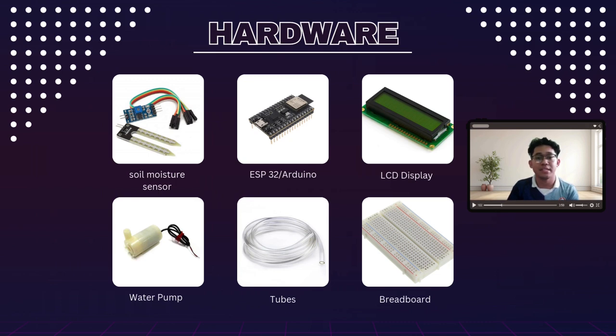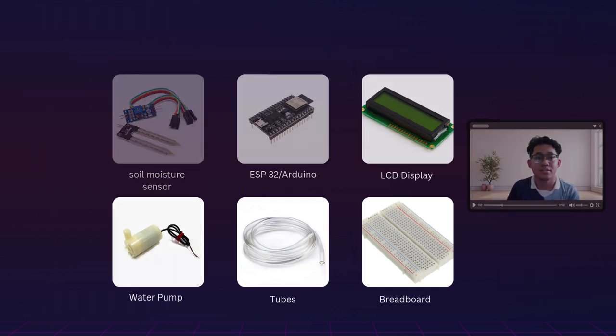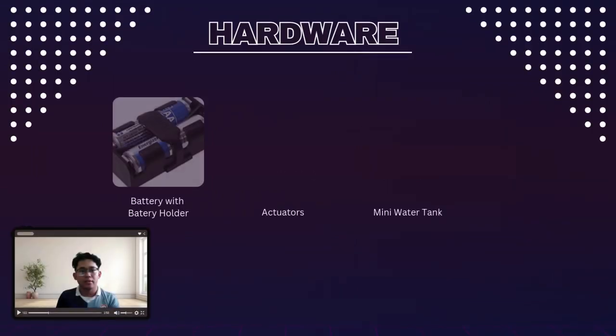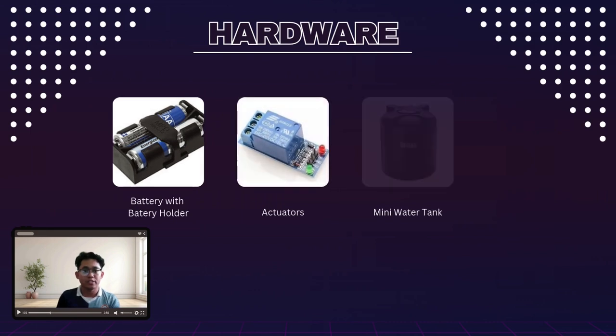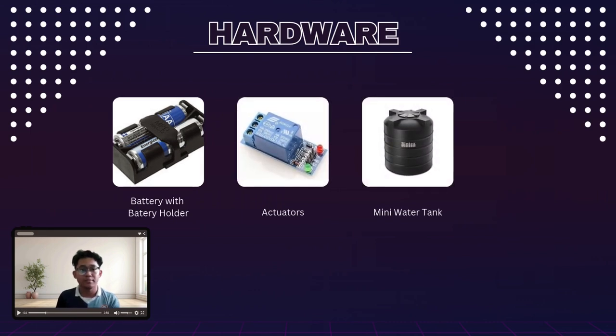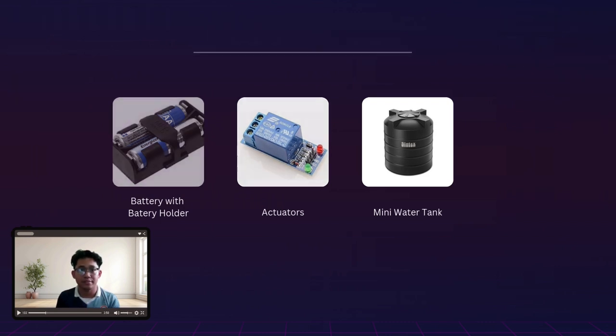Next, a water pump and tubes deliver water to the plant when needed. Sixth, we have breadboards. Next, a battery with holder powers the system for portability. Next, a relay module acts as a switch for controlling the water pump. Lastly, we have a mini water tank, which stores water for irrigation.